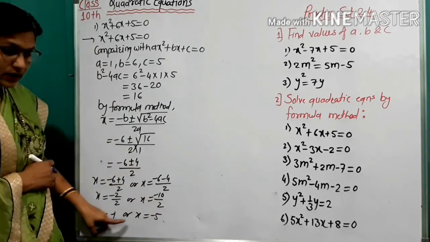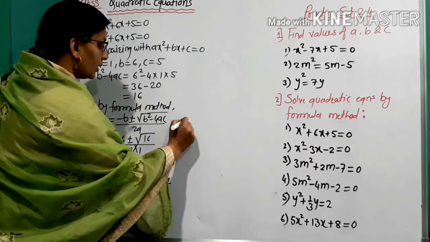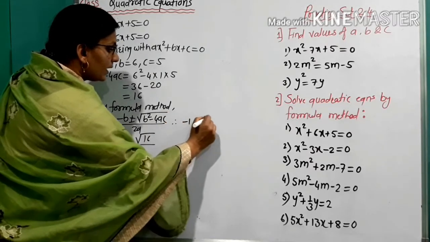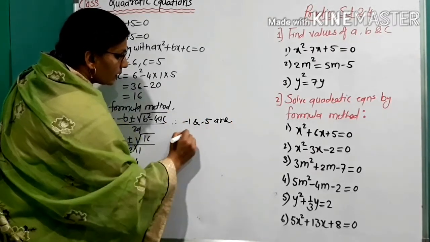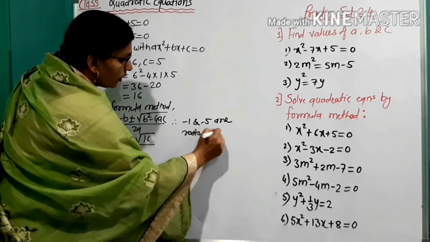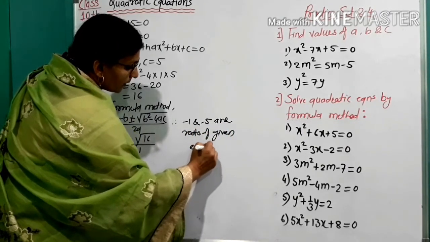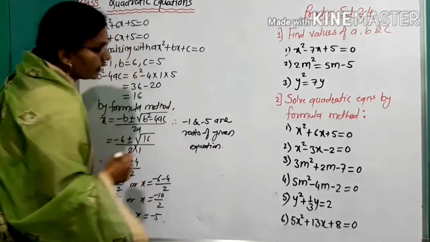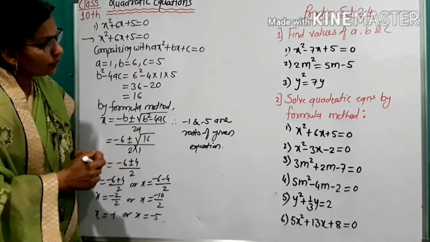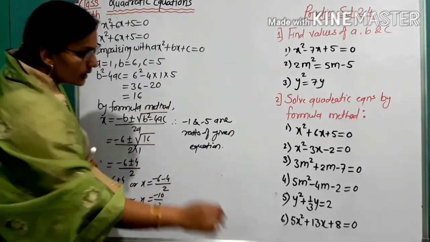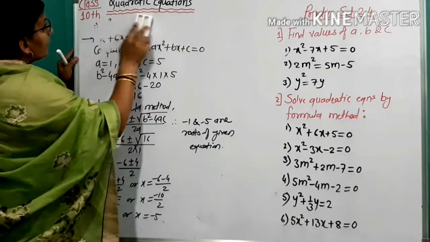Therefore minus 1 and minus 5 are roots of the given equation. Similarly, you solve example number 2. Now I take example number 3.